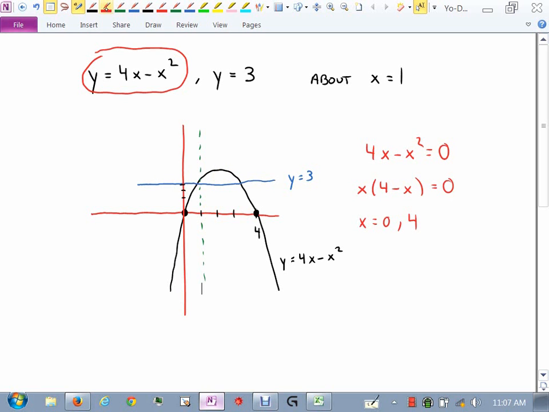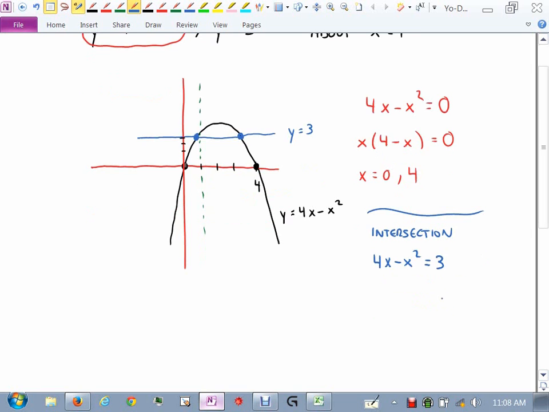So let me figure out where those two hit each other, at these two points. To do that, I set the two functions equal to each other: 4x minus x squared equals 3.